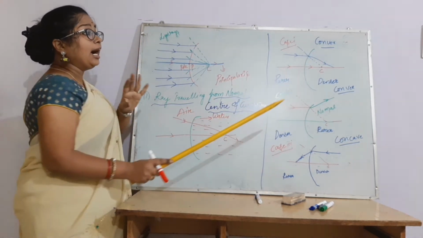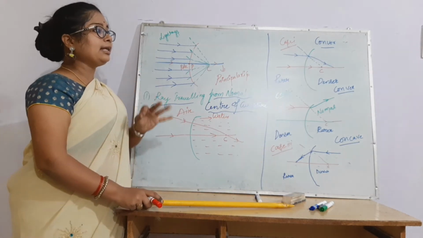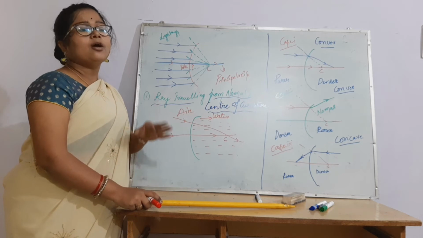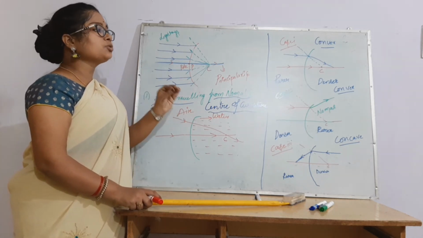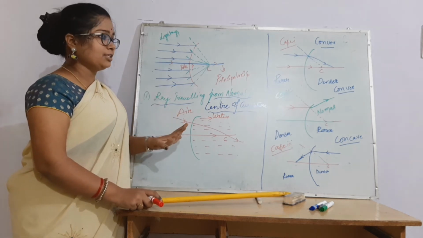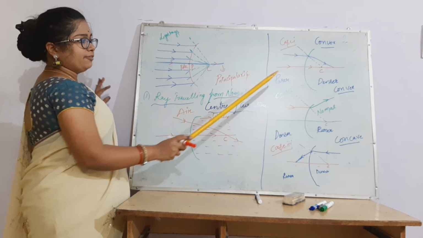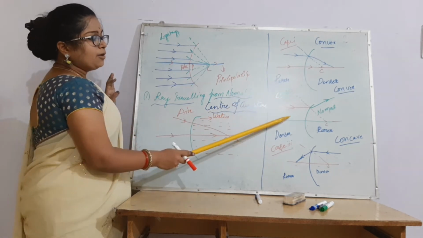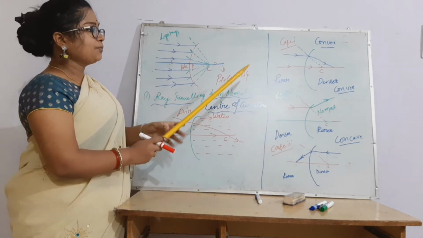I am not saying it is a convex mirror, it is a convex surface. A convex mirror is something different from a convex surface, so don't get confused. To explain from the basics, I want to bring you to the lens.